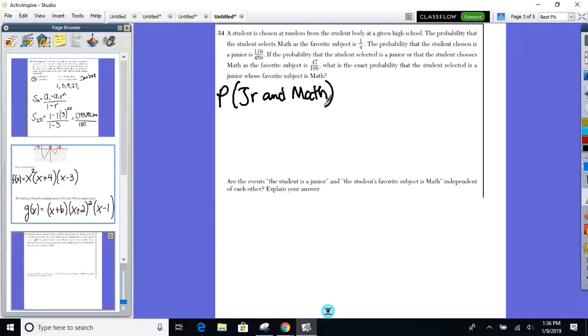I don't expect you to know it, but please get out your formula sheet, which you're not given, because this is one we're going to have to write down now. How do I find the probability of A and B?